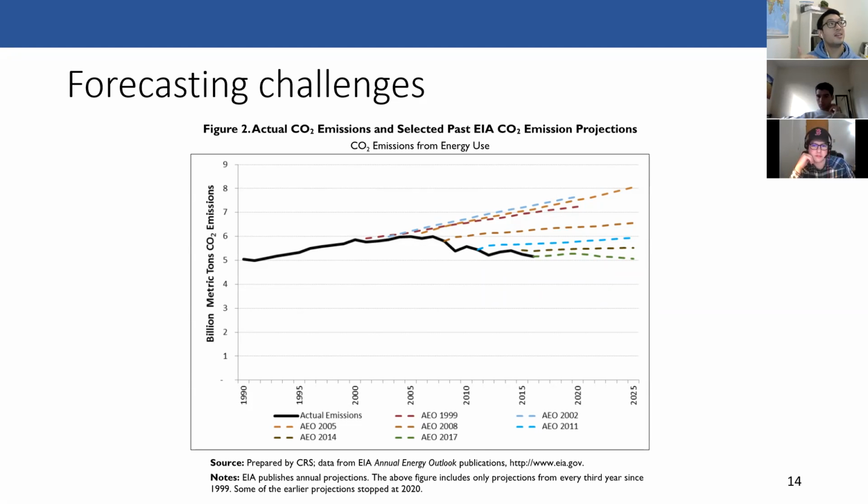But even when you get into some of that nitty-gritty detail, it's hard to account for these larger systemic changes, and so that's why their numbers are really off. But yeah, the foundation of what the EIA AEO does is based off of historical patterns.